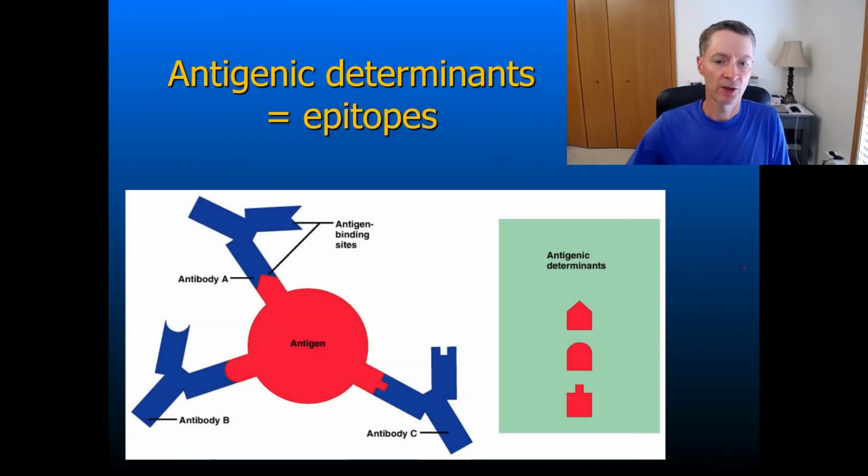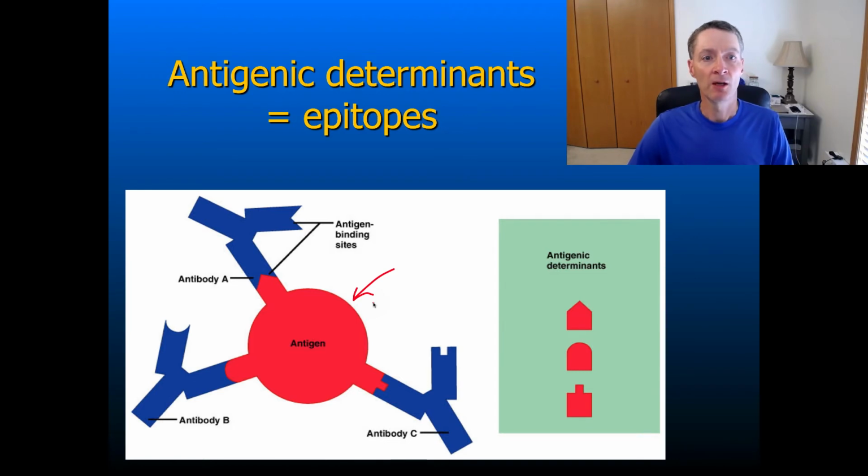So we take a look at this picture here. This in red here could be an antigen. It could be a molecule that's sitting on the surface of a bacterium. It doesn't have to be, though. It could be a molecule that is secreted by a bacterium, like a toxin. There's nothing saying a foreign antigen has to be attached to a cell or attached to a virus.